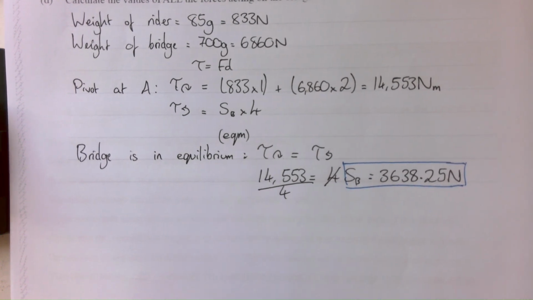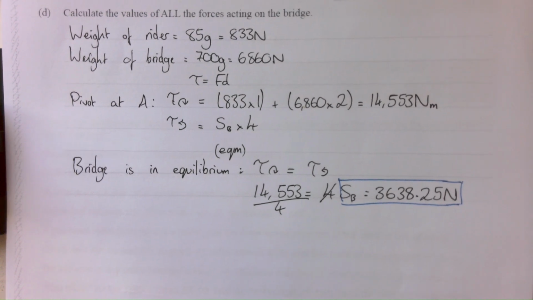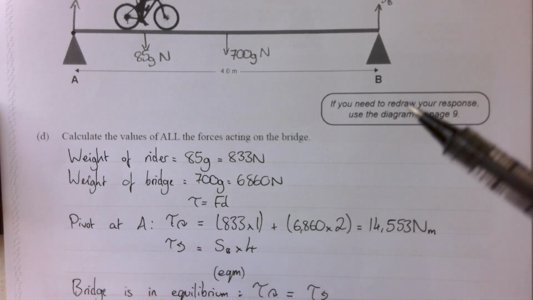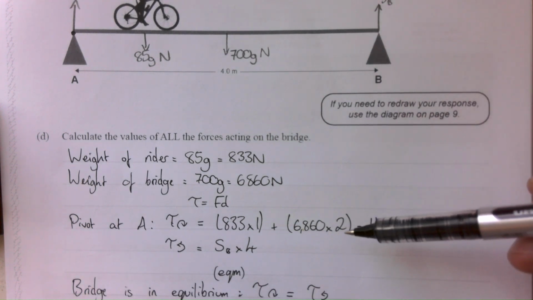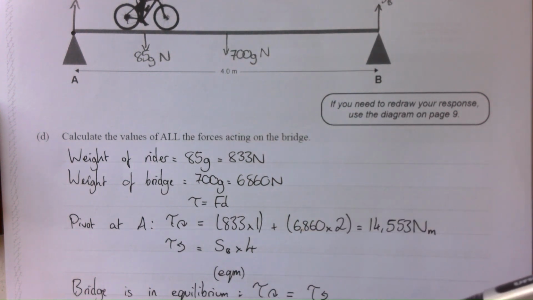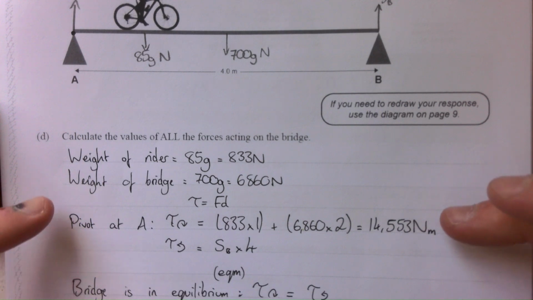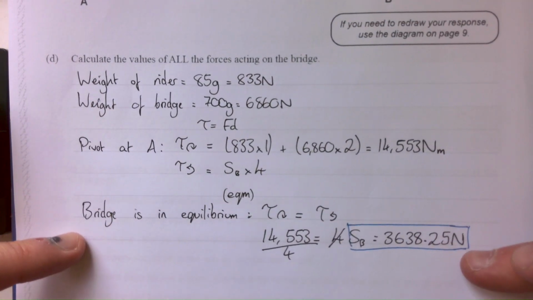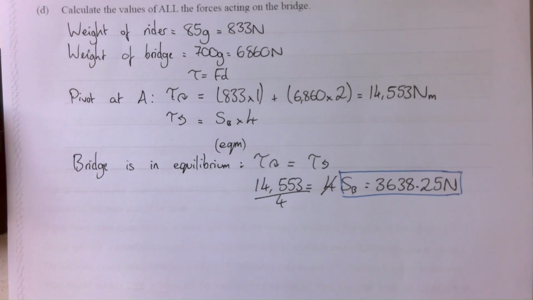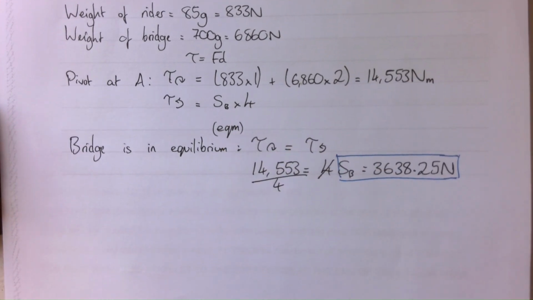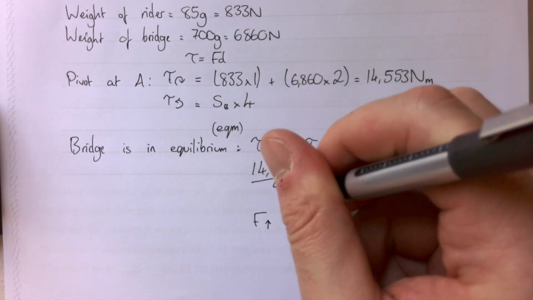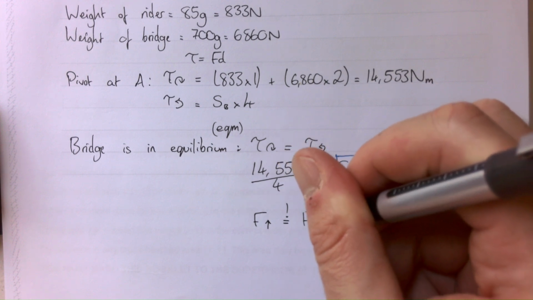Now, there are two ways you can go about doing the second support force. You can either change your pivot point to be at end B instead, and do a similar calculation to work out the force of SA, with the same sort of working repeated, but this time from the other viewpoint. Alternatively, a slightly quicker way is, because the bridge is in equilibrium, the forces upwards must be equal to the forces downwards.